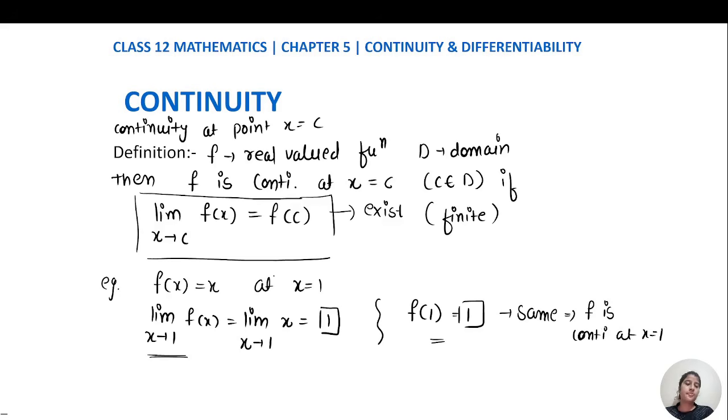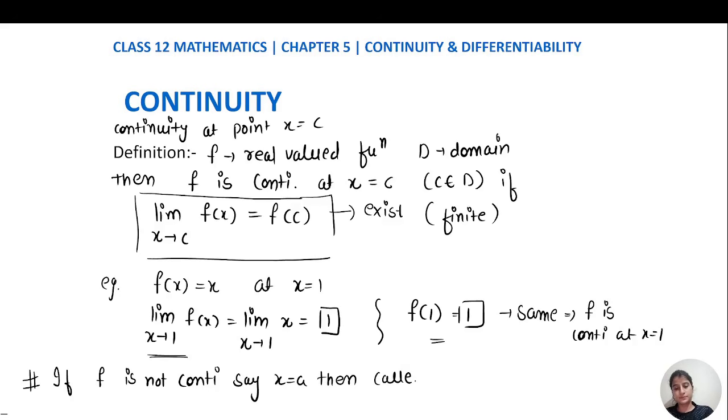Now, another definition: if our function f is not continuous at x equals a, then we call it discontinuous at x equals a.